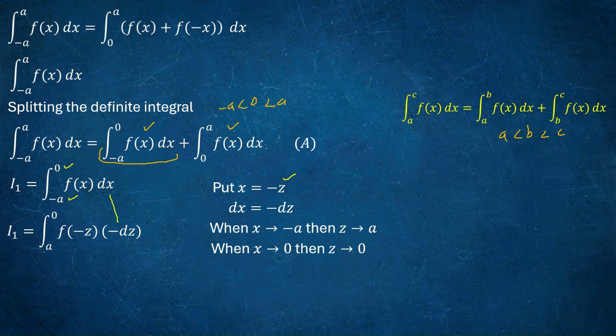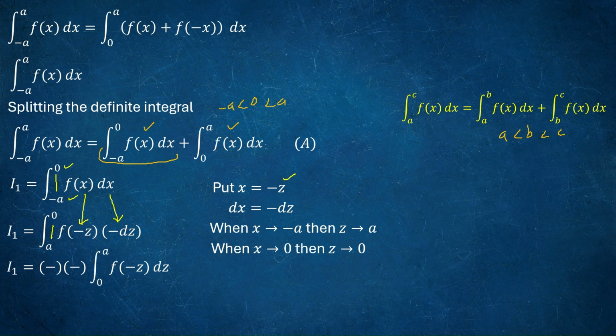Here dx has been replaced by minus dz, x has been replaced by minus z, and the limits of integration have also been changed. Now this integral I1 can be written as minus into 0 to a f of minus z dz.